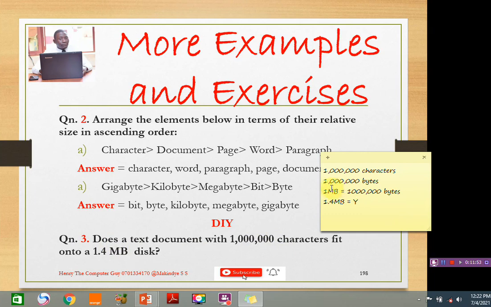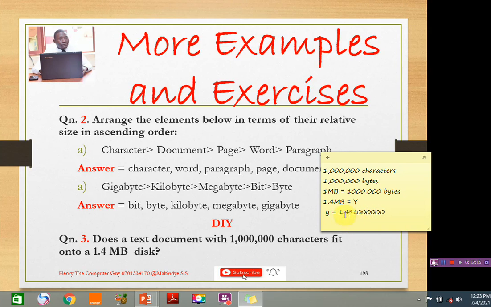So we cross multiply our y: it is going to be 1.4 times the 1 million.